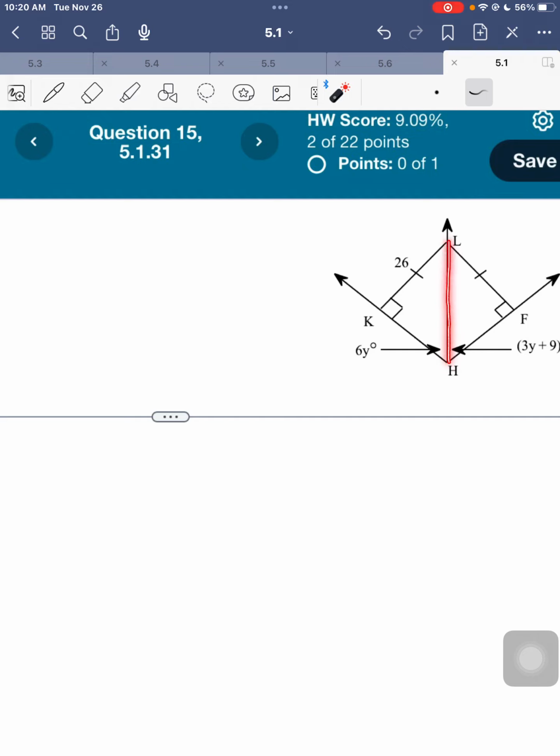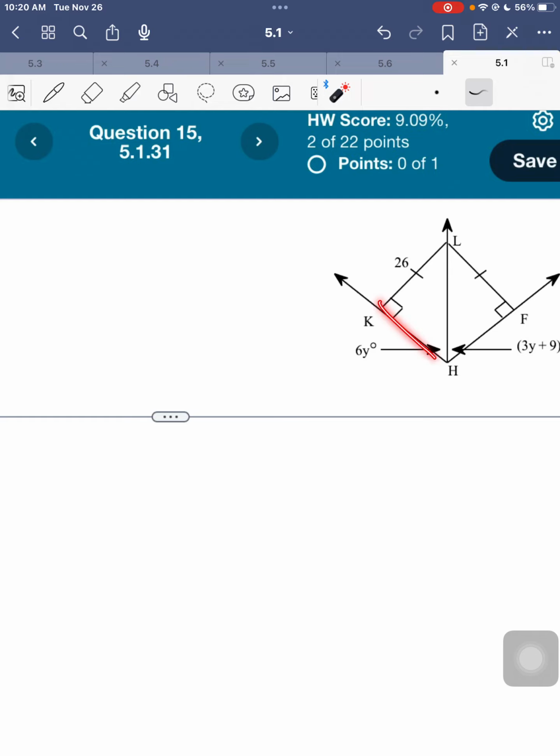If I have this ray HL, if this were to be an angle bisector, then I would need any point on this HL to be equidistant to the what? To the sides of my angle. Are they? Yeah. Tick mark, tick mark. So I know that it's equidistant to the sides of the angle. So now I know that this HL, not only is it intersecting this angle KHF, it's also bisecting it.